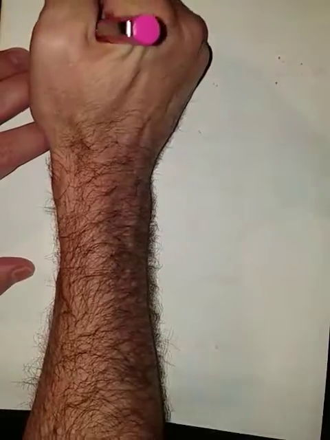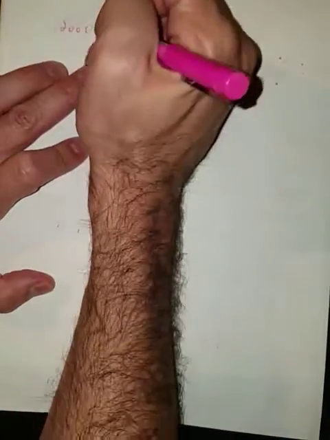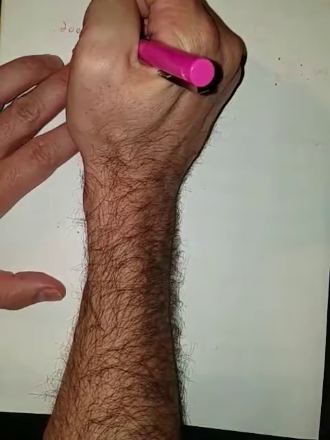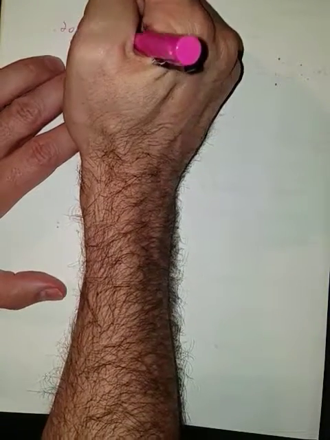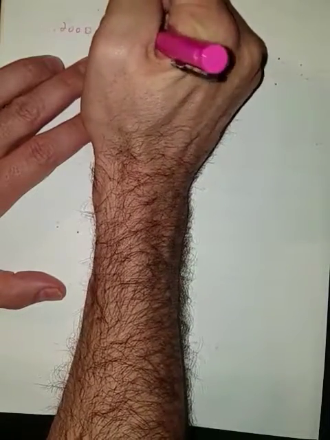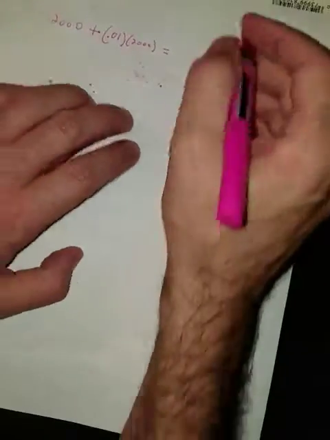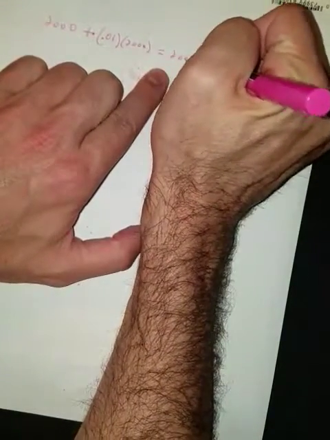Okay, so on number 12, he owes $2,000. Let's say in the first month, they add 1%. So they add 1% of 2,000, which is 0.01 times 2,000. That becomes 2,000 plus 20.